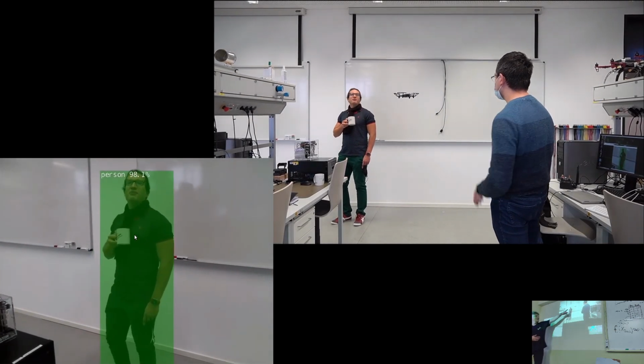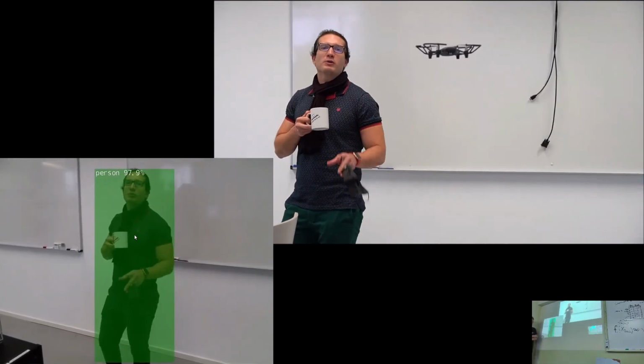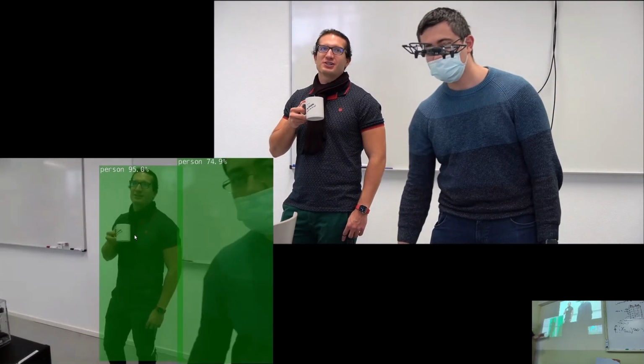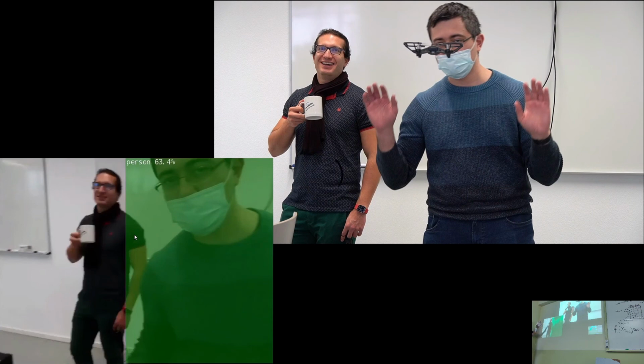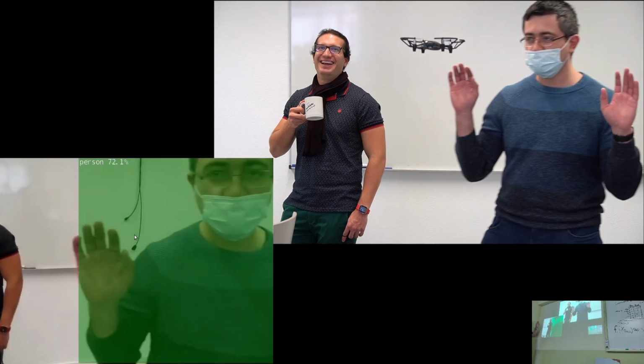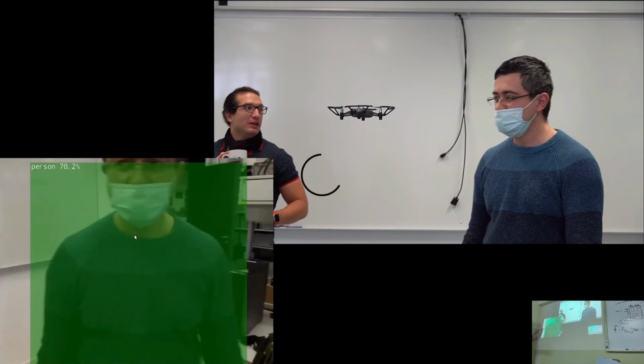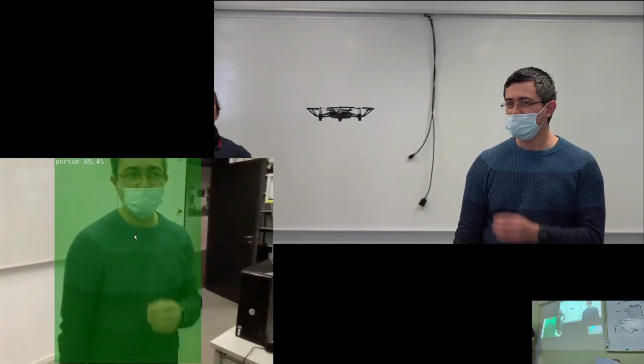And you see how it nicely follows Claim, right? But you can increase the bounding box by just spreading your arms, and that's what Ilya does now. He raises his hands, and then he spreads his arms. So he's covering the whole stream, and then the drone follows him again.